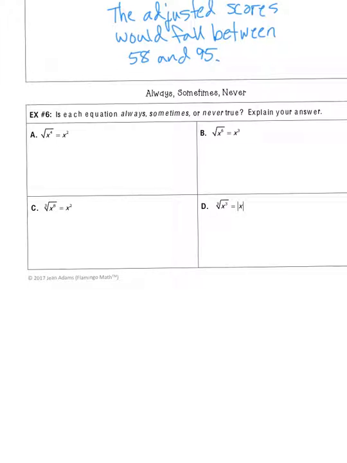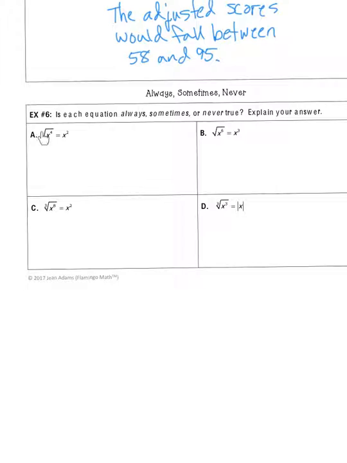Then we have a couple of sometimes, always, and never questions. So let's read through these. Is each statement always, sometimes, or never true? Explain your answer. Is the square root of x to the fourth always going to be x squared? Remember that index there is 2, and 4 divided by 2 is 2.